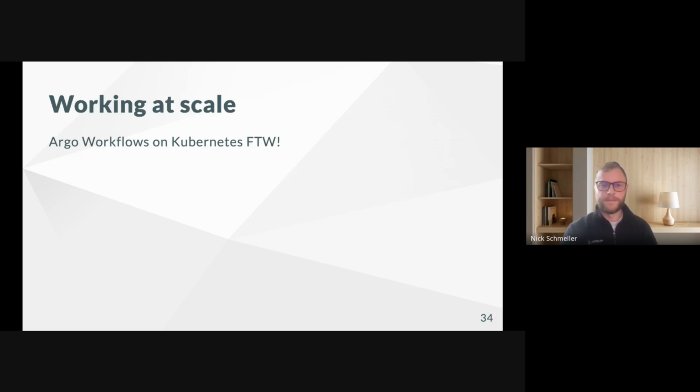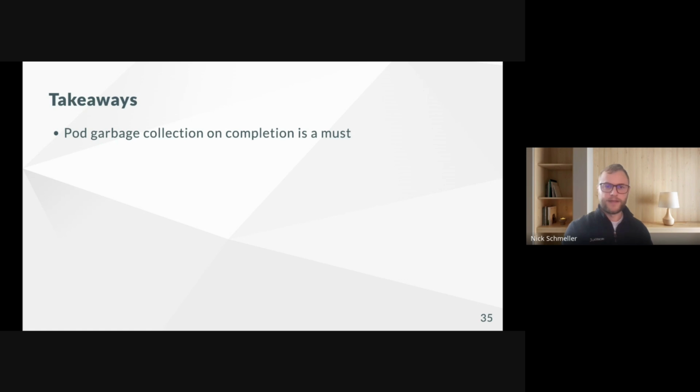All right. So, working at scale, we've talked about most of what we've done with it, like Argo Workflows. It's useful that we have a team that manages this for us, and we found that it really fits our use case well, and we like using it a lot. Pod garbage collection is something we needed to figure out and make sure we had set up.